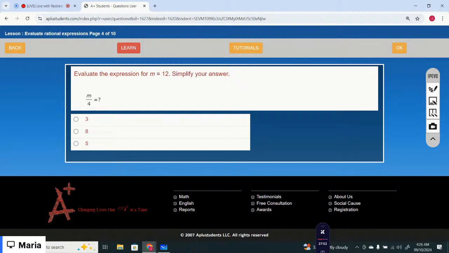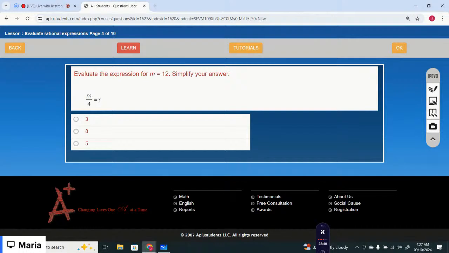Evaluate the expression for m equals 12. Which is the correct option? That is 12 divided by 4.